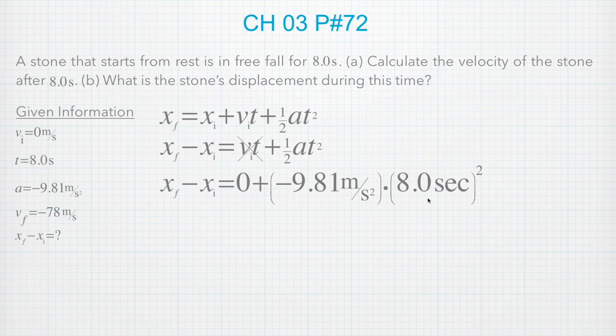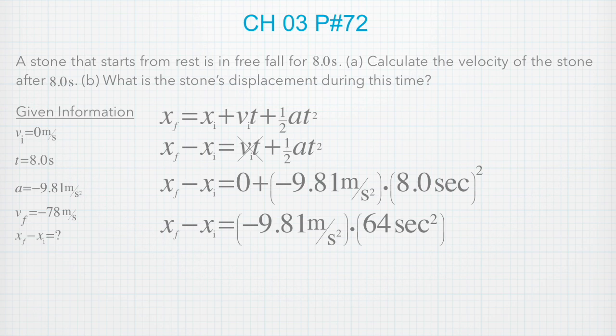I'm going to square my time. Notice that the exponent is outside of the parentheses. I need to square both the quantity, 8, and the unit, seconds. So 8 squared is 64. Seconds squared is seconds squared. What's going to happen with my units here?